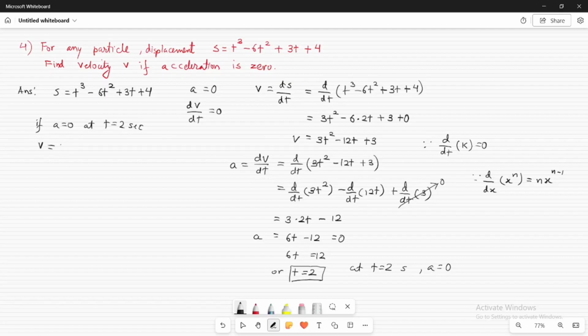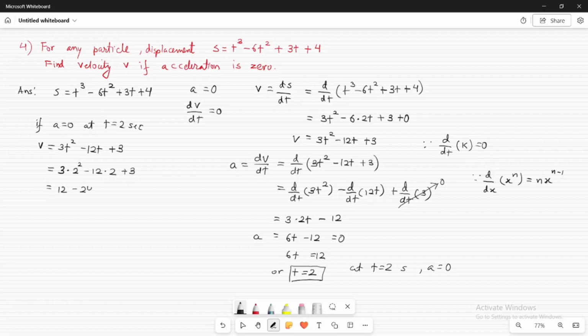The velocity expression we have already found. Velocity is 3t raised to the power of 2 minus 12t plus 3. So in place of t we use the value 2. That means 3 into 2 squared minus 12 into 2 plus 3.